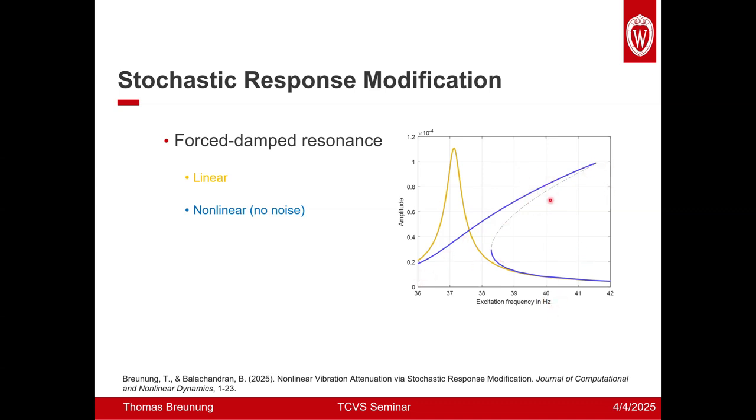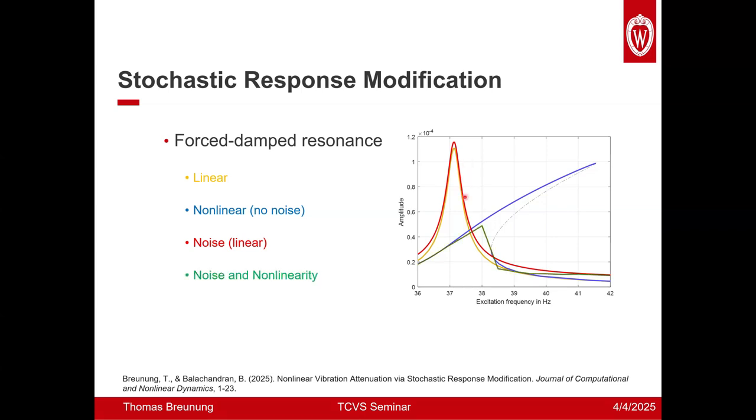We have this bistability region. If we look now, for example, at the largest vibration amplitude, the vibration amplitude has not changed much. Maybe went down a little bit, but not really significantly. If we add noise to the system, we shift this force response curve a little bit up, but overall it remains more or less unchanged. Now what happens in the interplay is the green curve.